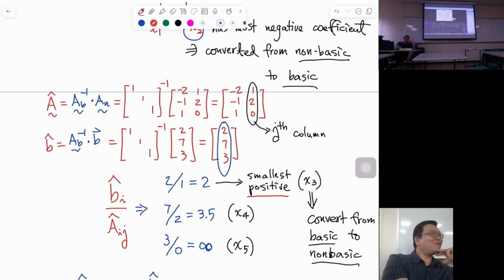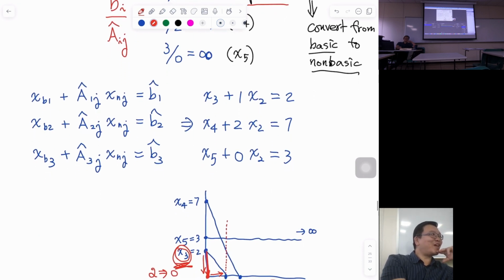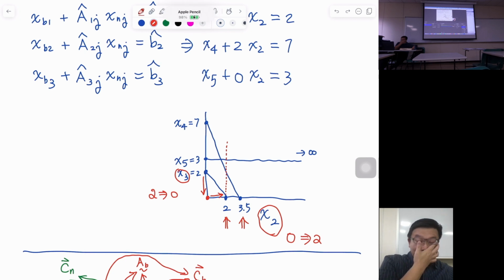So maybe my problem is not solvable. We'll check later on. If my problem is not solvable, I'll give you full marks. But it's just homework. We will check later on. We'll see.